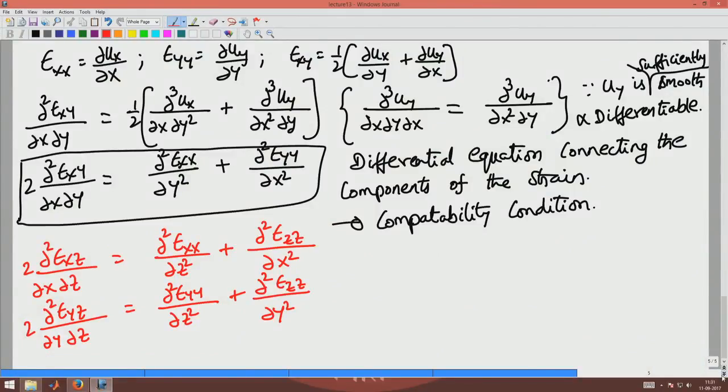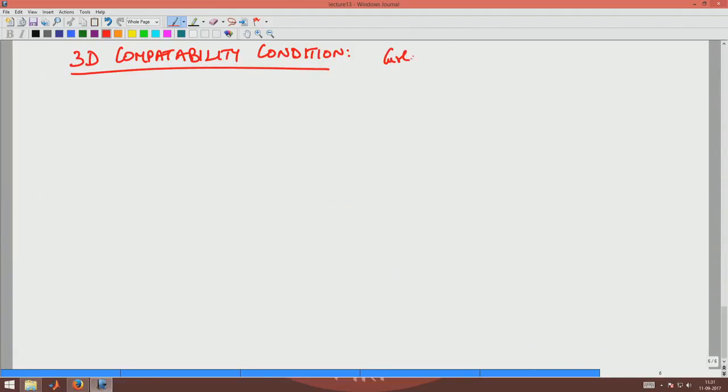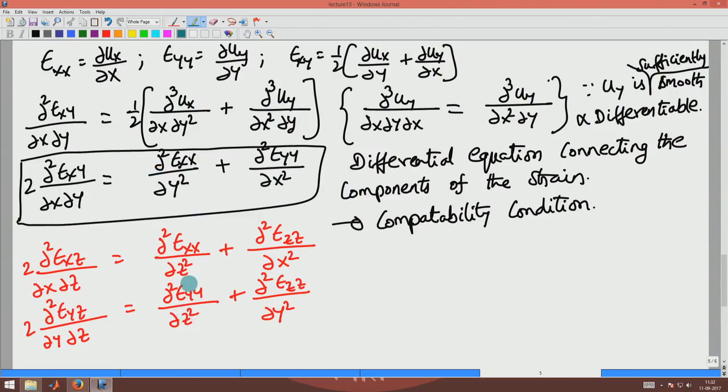Apart from this, the general set of compatibility conditions in 3 dimensions, I will not derive. It is in general represented as curl of epsilon being equal to 0, and only 6 of them would be independent. The 3 listed here are one set of equations, and the other equations I will give now.